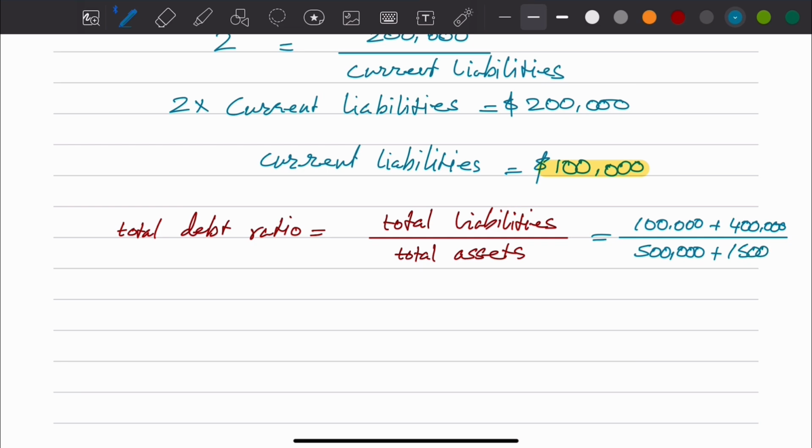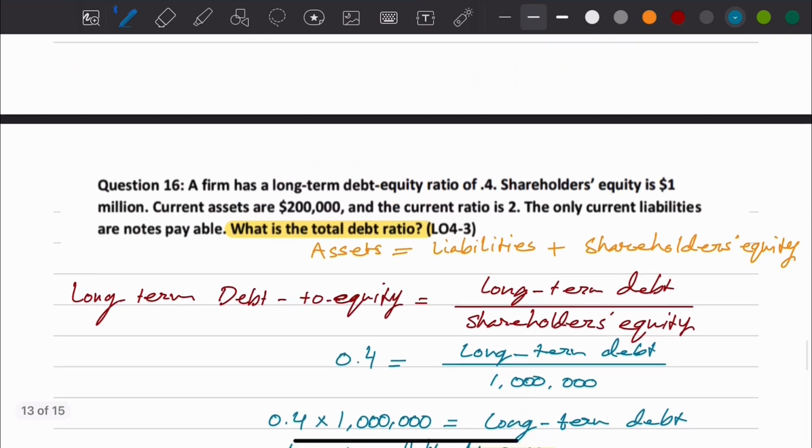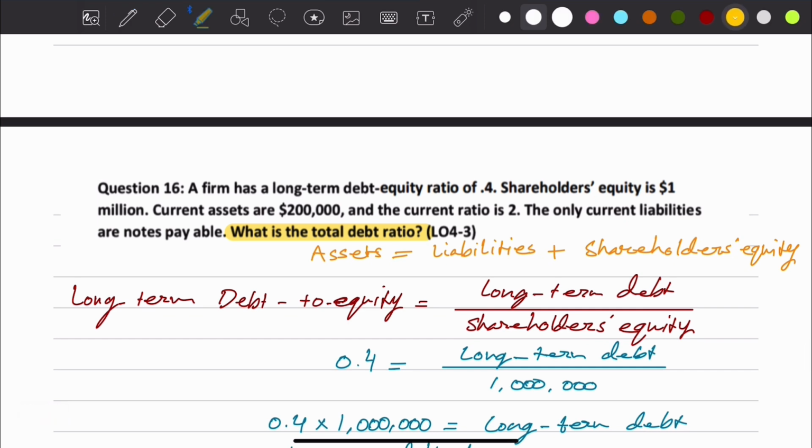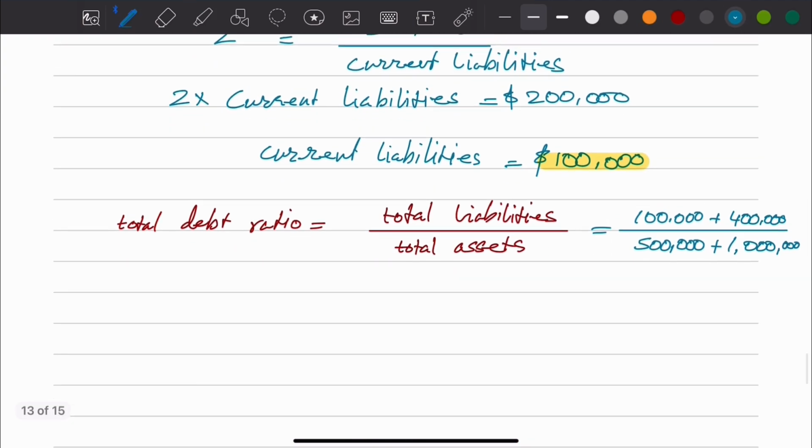Oh, sorry, 1 million. My bad. $1 million, which is the shareholders' equity that is given to us in the question right here. Shareholders' equity is 1 million. All right.